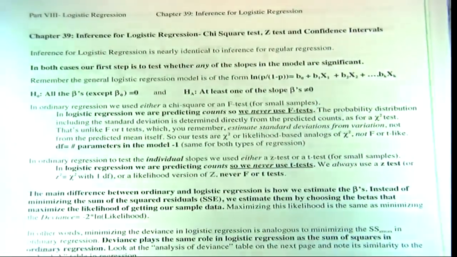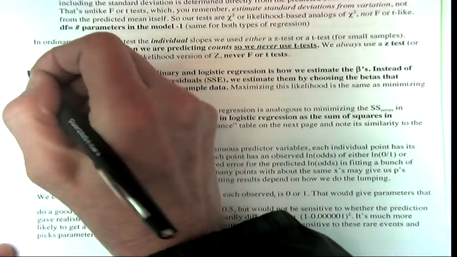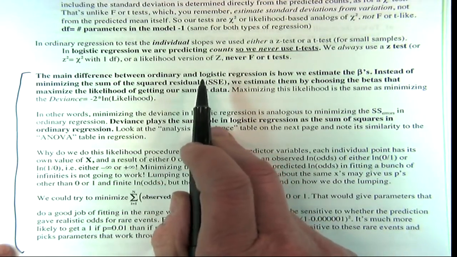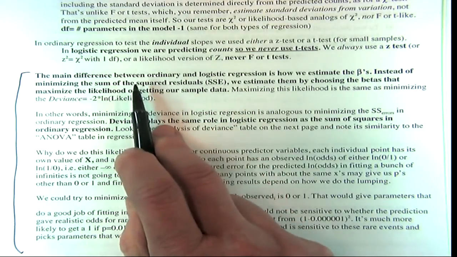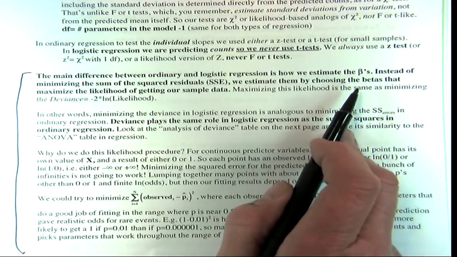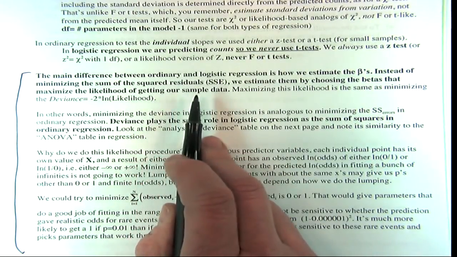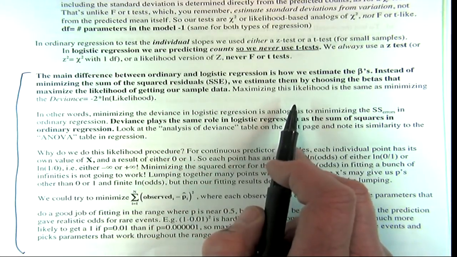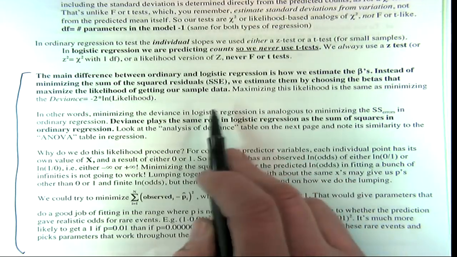Basically, right at the bottom here, we have this linear equation in log odds, and the main difference between ordinary and logistic regression is how we estimate these betas. Instead of minimizing the sum of the squared errors around our predictions, we choose the betas that maximize the likelihood of getting our sample data.